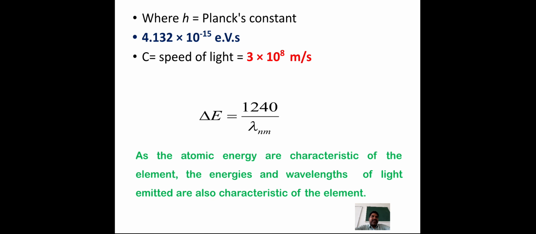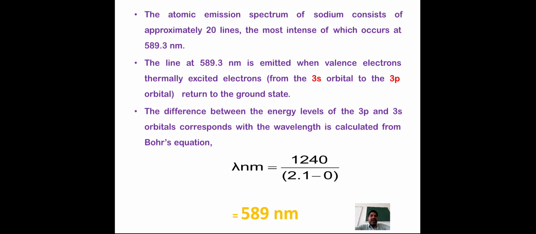As the atomic energy levels are characteristic of the element, the energies and wavelengths of light emitted are also characteristic of the element. The absorbed energy is characteristic for that particular element, therefore the emitted energy is also characteristic.